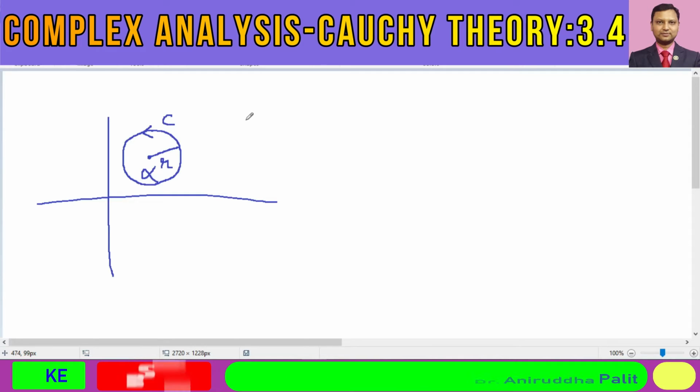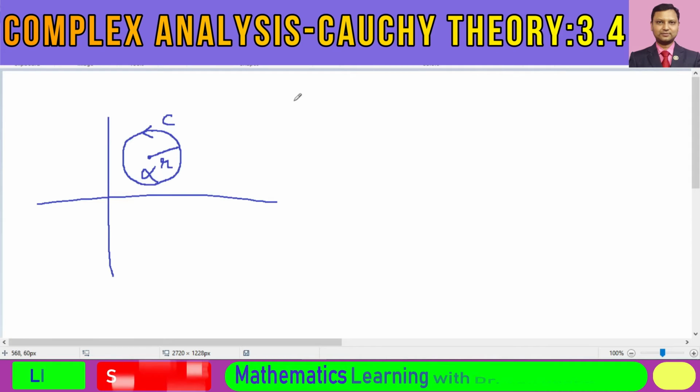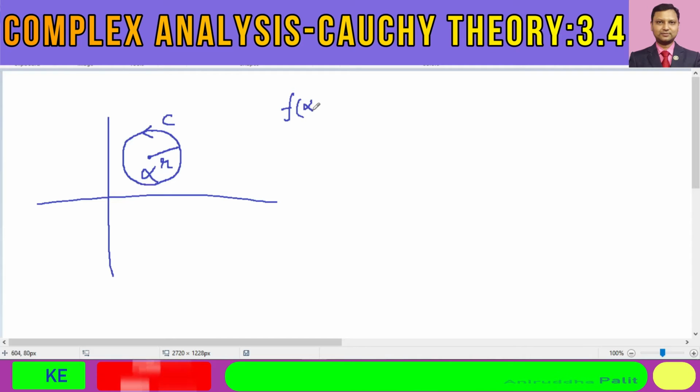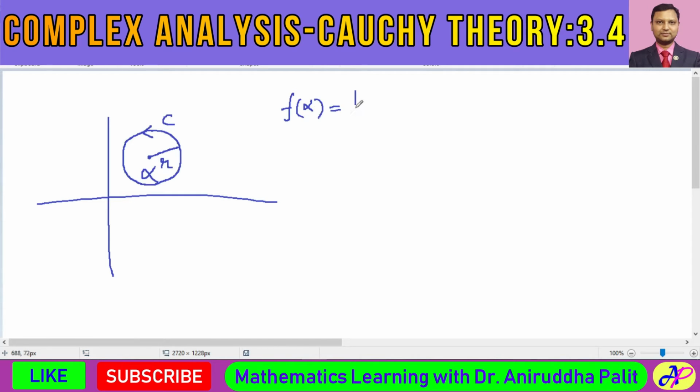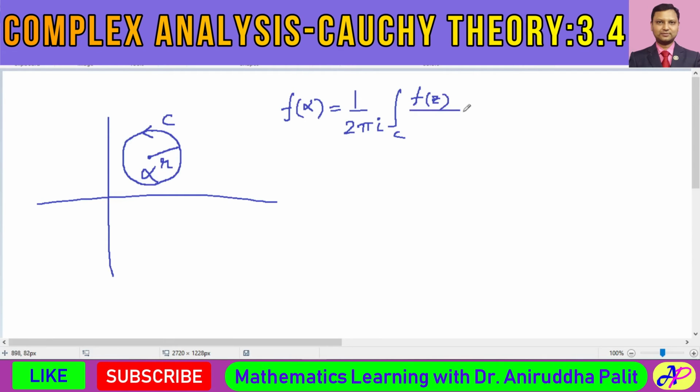Now you see over here, by Cauchy integral formula we can have this type of result. f of alpha is equal to 1 by twice pi i integral over C f of z divided by z minus alpha dz.